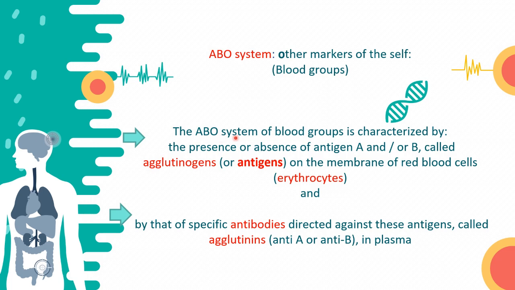The ABO system of blood groups is characterized by the presence or absence of antigen A and/or antigen B. These antigens are called agglutinogens, or antigens, on the membrane of the red blood cells. Red blood cells are also known as erythrocytes.